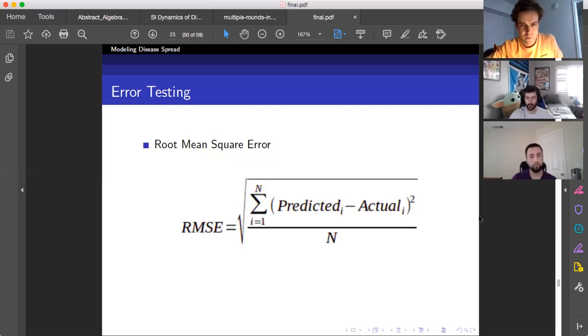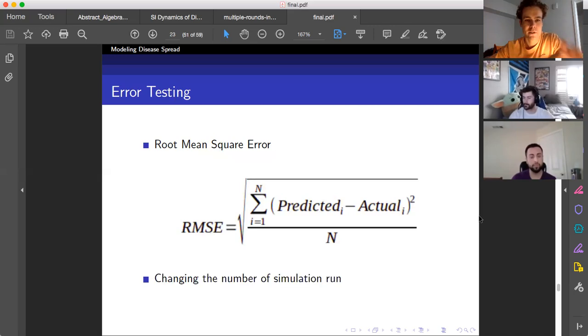So we looked at three different things here. With the error testing, we're looking for our error to converge to 0 to see how we can improve our models. So the first thing we looked at is changing the number of simulations run.